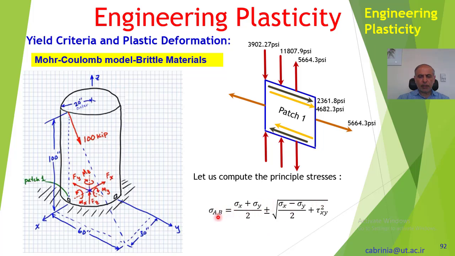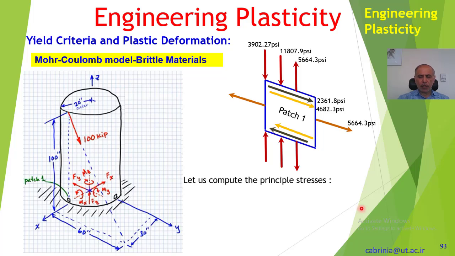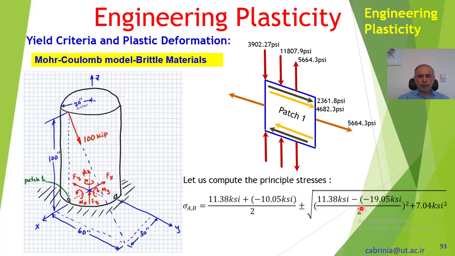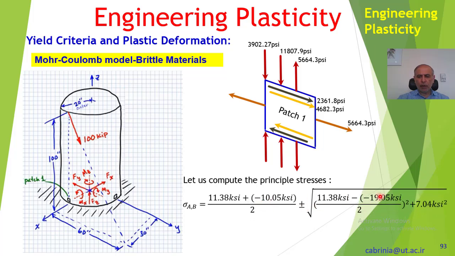Therefore, these are the principal stresses, sigma A and B: sigma x plus y over 2 plus minus the square root of sigma x minus sigma y divided by 2, squared, plus tau xy squared. Now we have obtained all these values for sigma x, sigma y, and tau xy in the previous slide, and we add them together. Okay, so we put all the values in here, and therefore we get sigma A equal to 13.49 ksi, and sigma B is minus 12.15 ksi.